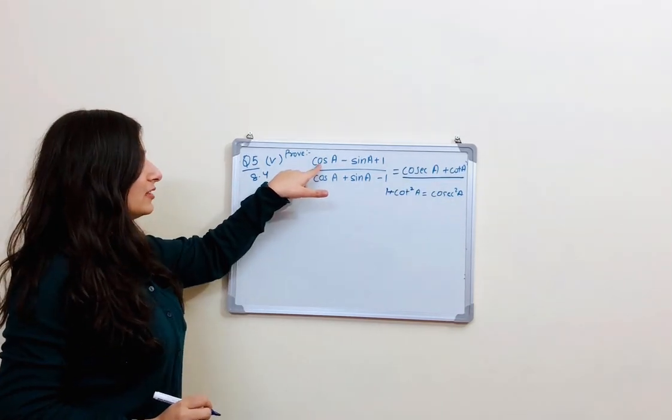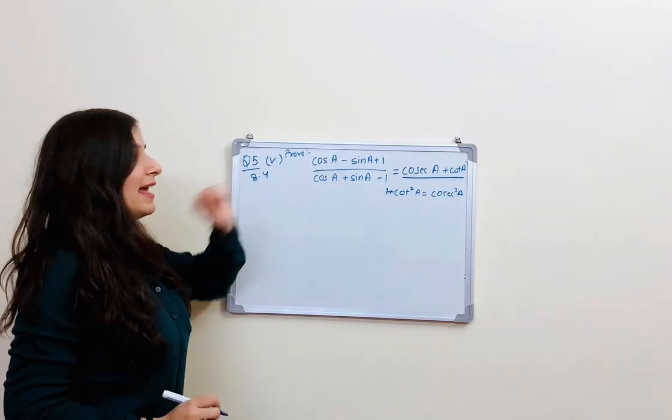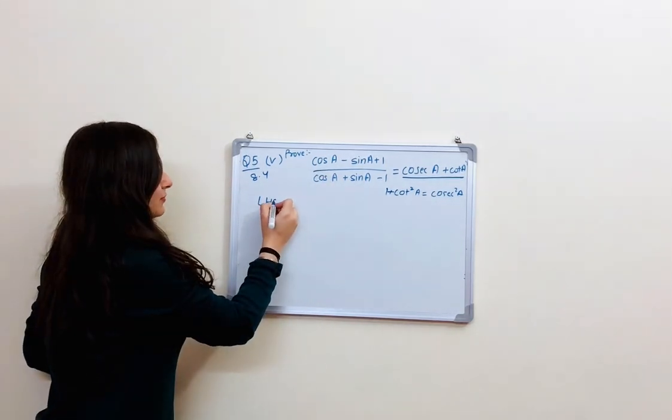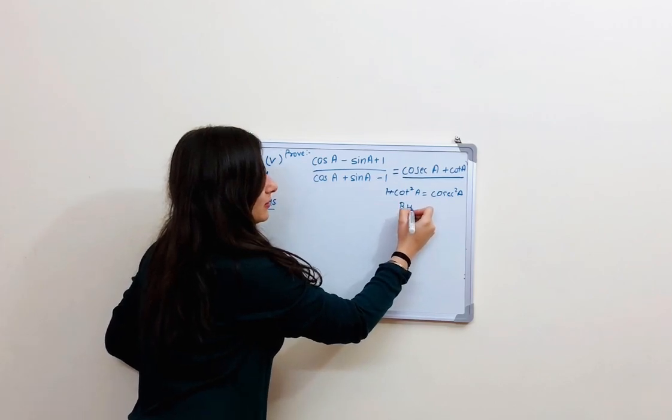Let's convert everything in cosec and cot terms on LHS. Let's take LHS and RHS here.